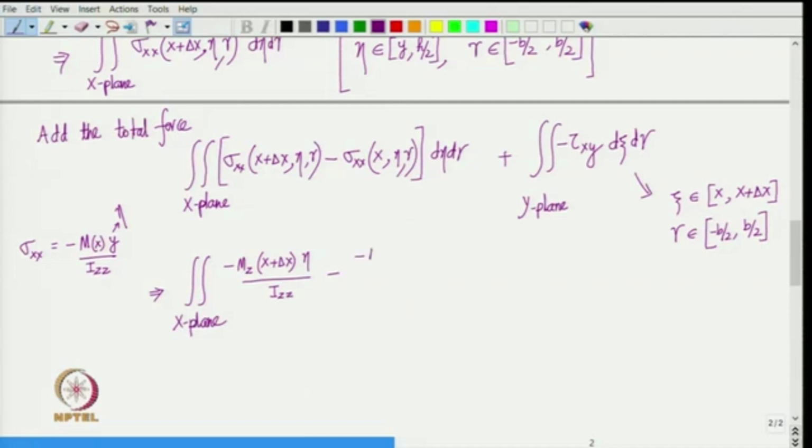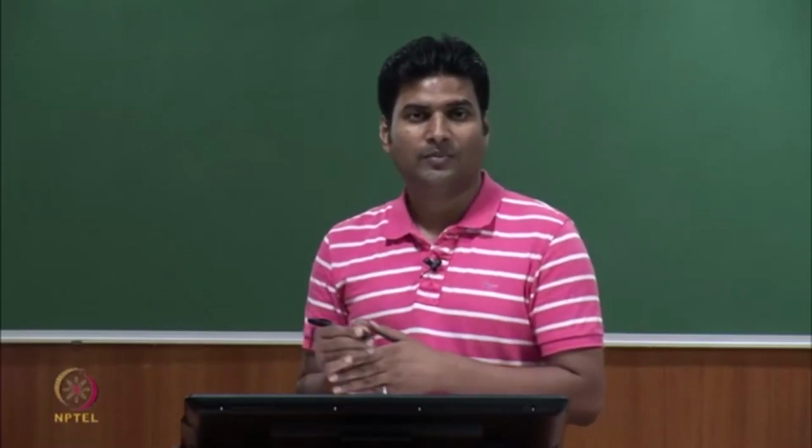So, minus m z, but at x only, into the y coordinate, which is again eta, divided by I z z, and this I z z, the second moment of area of the cross section about the z axis, that could also be varying along the length of the beam.